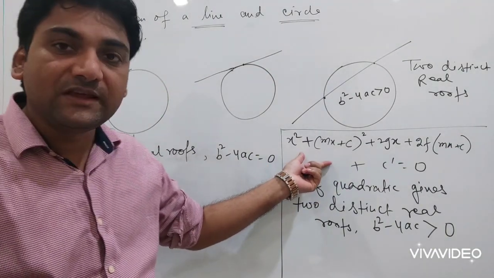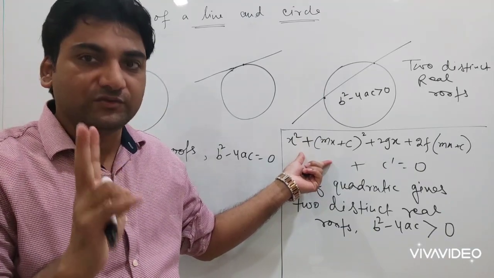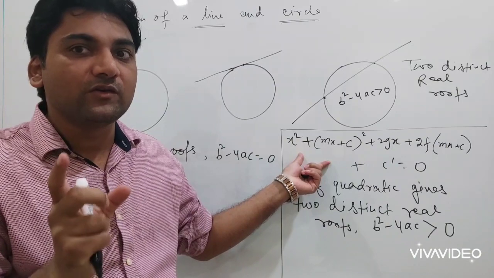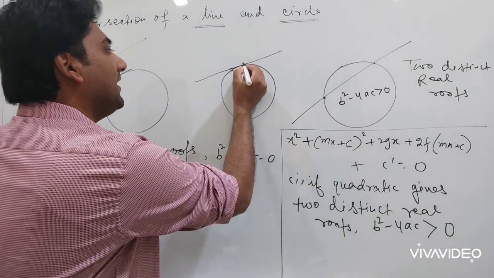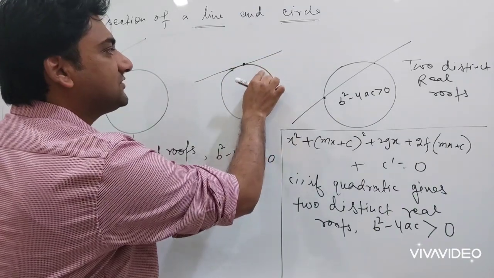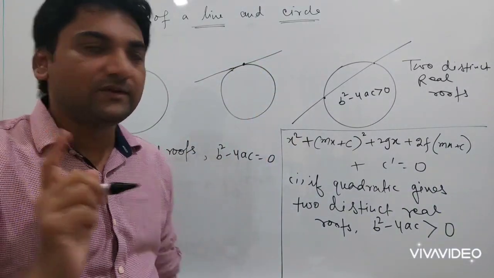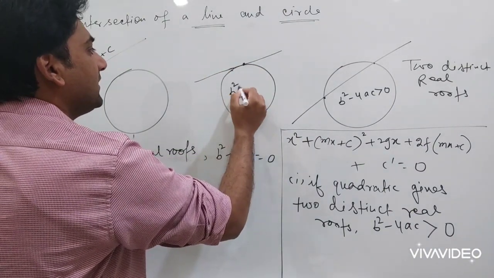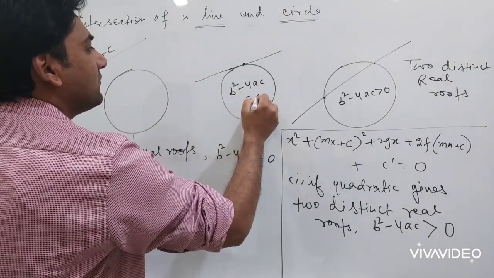It means it will give you two repeated roots, I mean equal roots, not two distinct. It means ultimately we got one root. It means this line will touch the circle because you have only one root. So it will touch the circle.